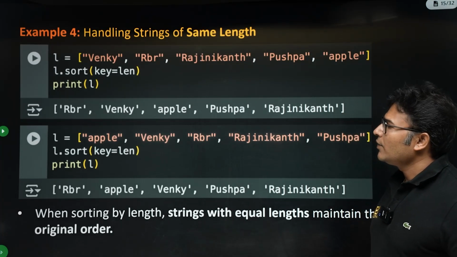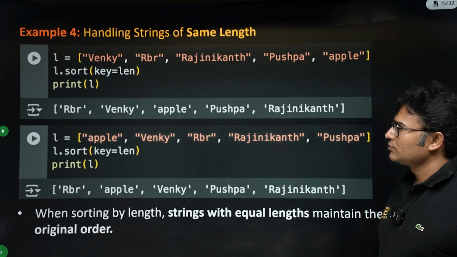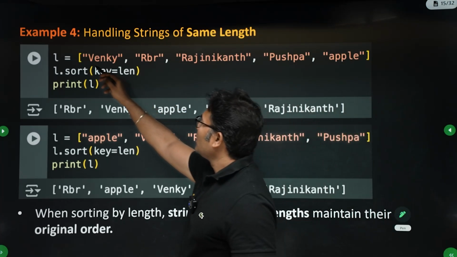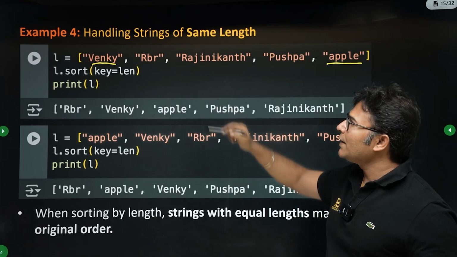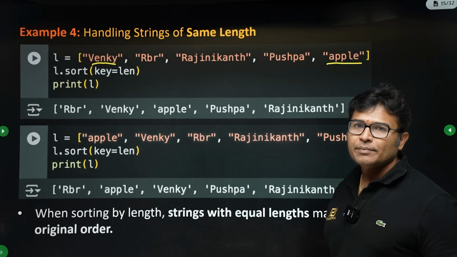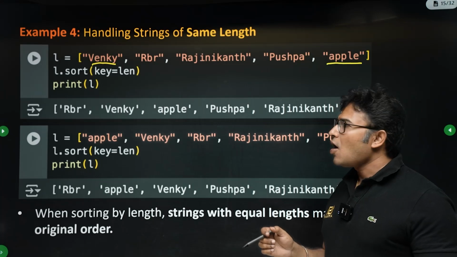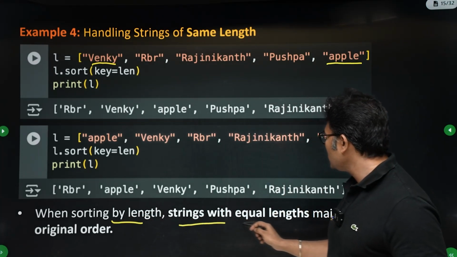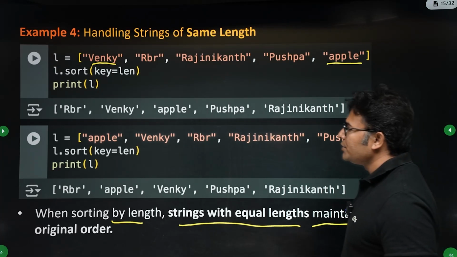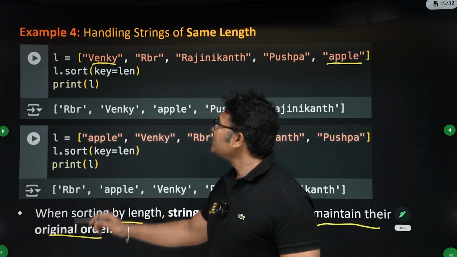Now, when the length is same, what happens? For example, if you see here, Venki has 5 and Apple has 5. Now we are using the length to compare. When the length is same, what happens is the original order is maintained. Okay. So when sorting by length, strings with equal length maintain their original order. What do I mean by this?